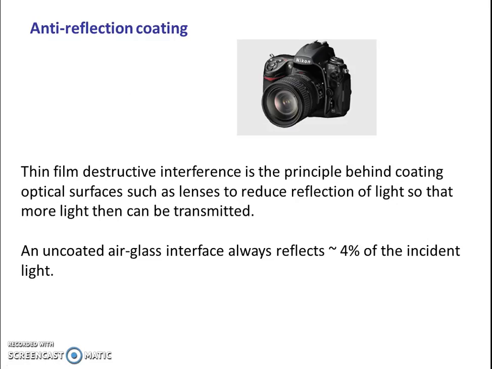Now another example of this thin film occurs practically in the coating for anti-reflection purposes. We know that the lens of a camera should get more and more light to give more clarity of the image. So if we can stop the reflections from the lens, which is the glass material, from the air surface.